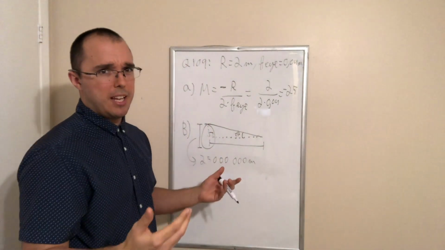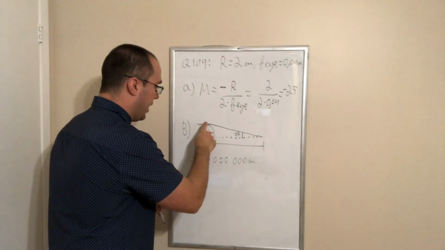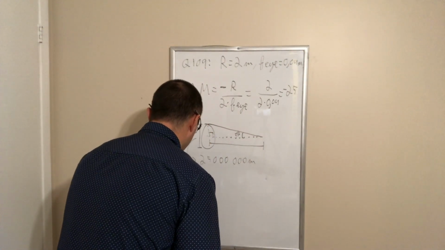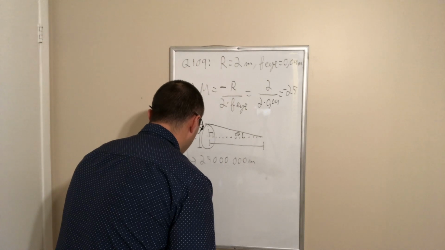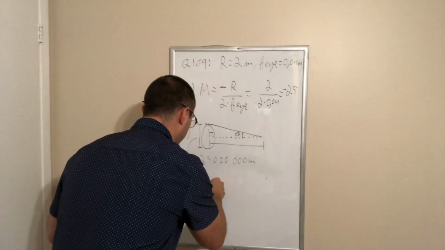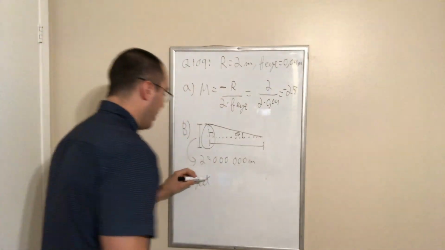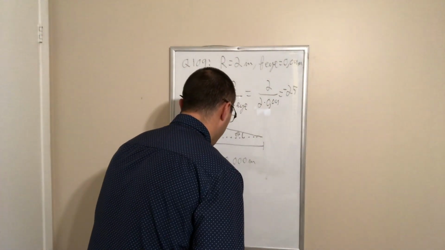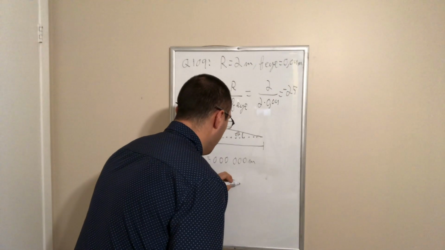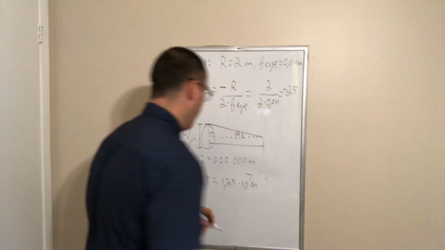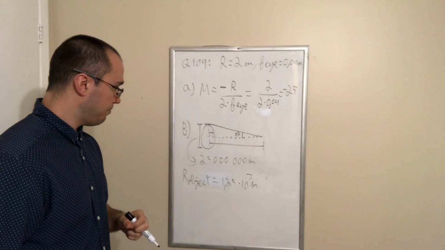In this case, it will be the tangent. But first, we need to find the height over here, which will be the radius of the object. Radius of the object is simply the diameter divided by 2. So in this case, it's equal to 12.5 million meter, so 1.25 multiplied by 10 to the power 7 meter.